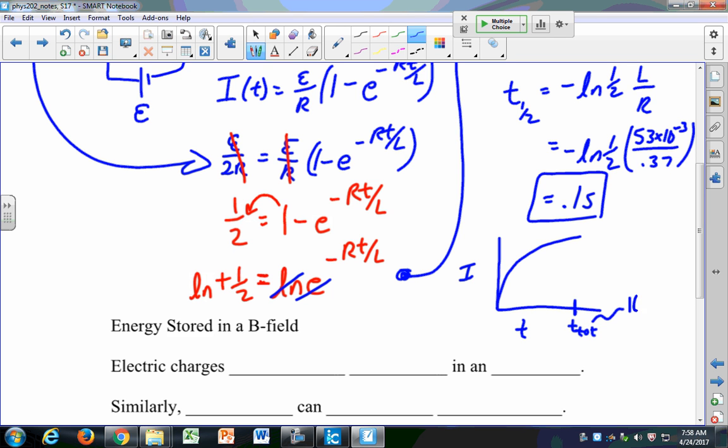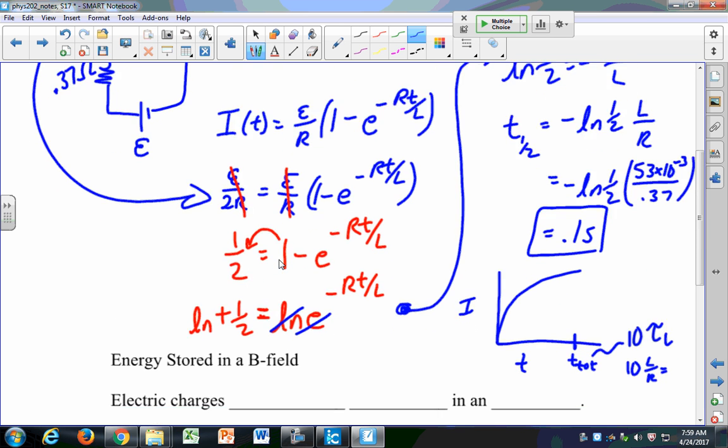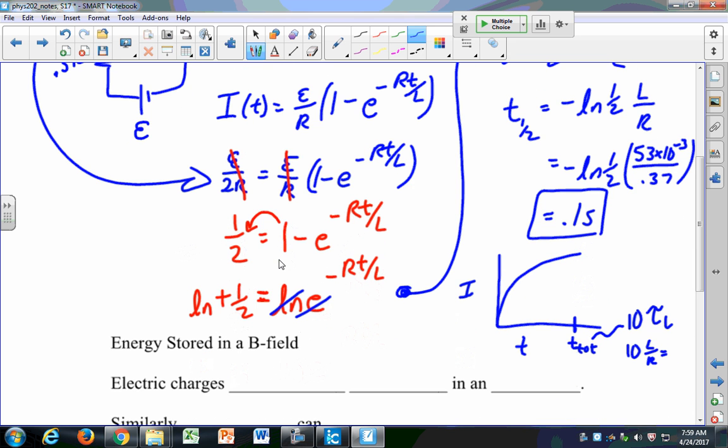It's going to be equal to 10 times tau L. So 10 times L over R. Which in this case is going to be, well, L is 53 times 10 to the minus 3, and R is 0.37. Tau L is 0.14. And so 10 times that is going to be 1.4 seconds. So this is 1.4 seconds.